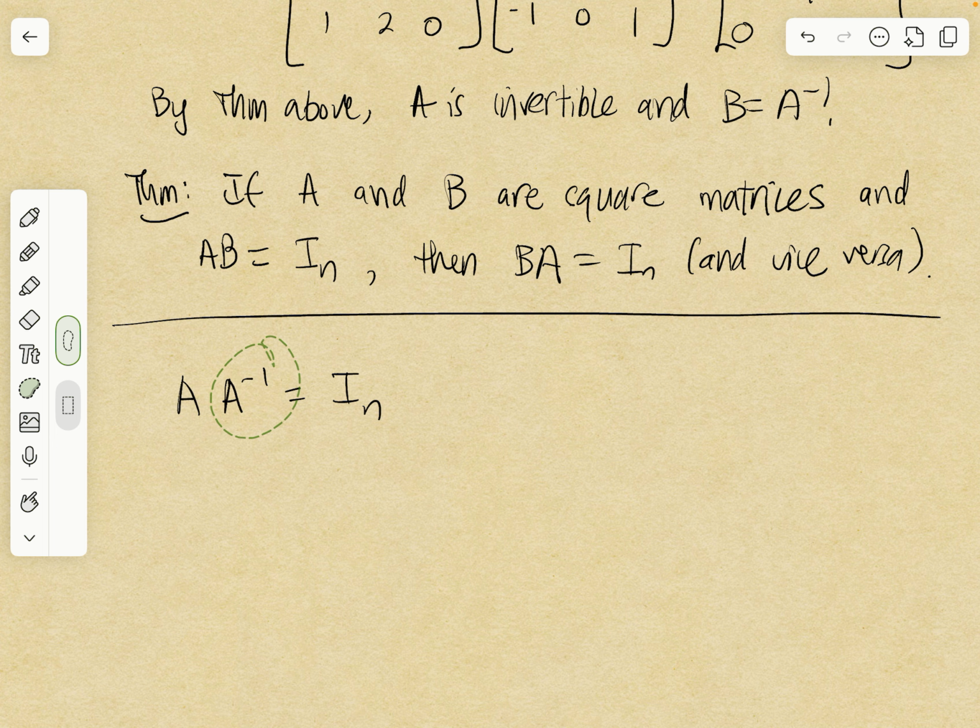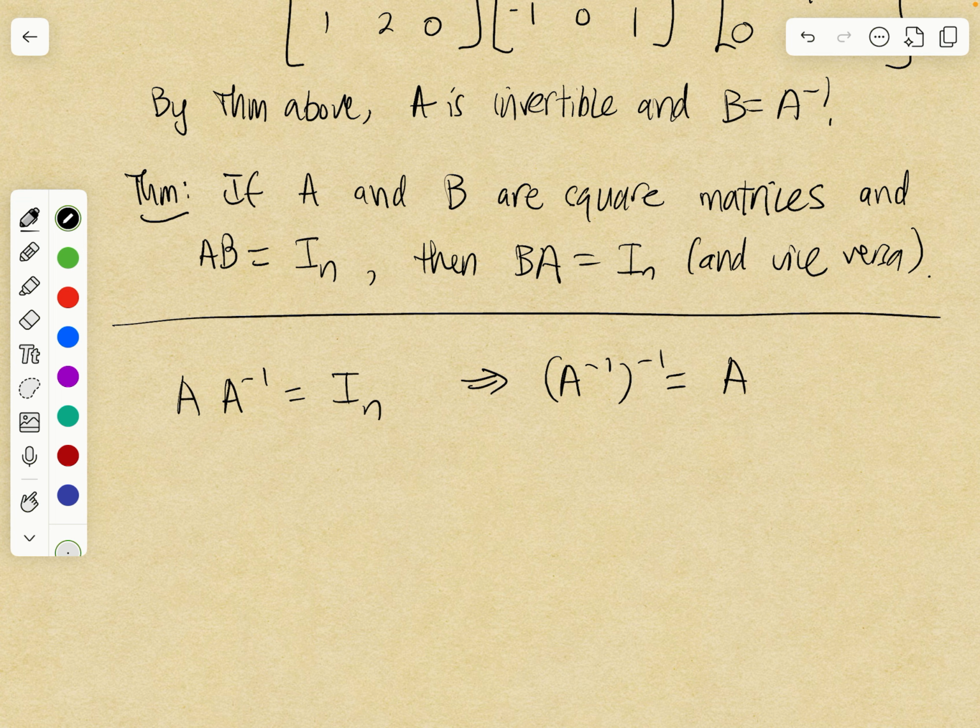Well, the theorem says that if I can multiply A inverse by a matrix and get the identity, that matrix is going to be the inverse. So can you see from this what that's going to be? Just give it a bit of time. Yes, it's going to be A, right? The inverse of A inverse is equal to A.